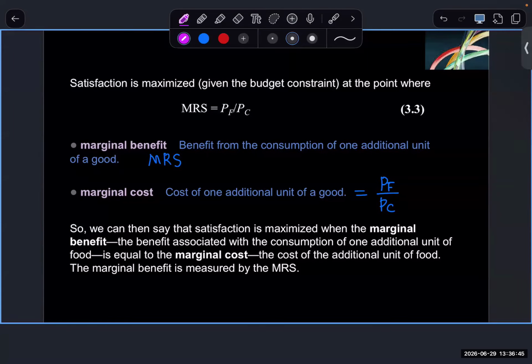So at the optimal, satisfaction is maximized when MRS equals the price ratio. Graphically, the budget line is tangent to the indifference curve.